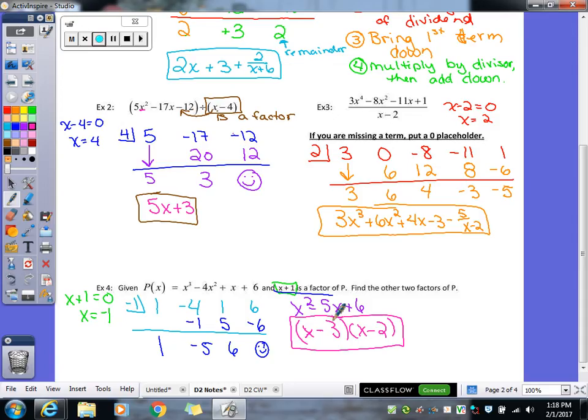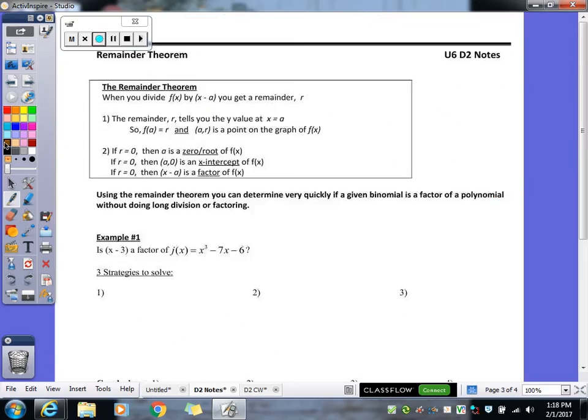All right. And then our last thing here is our remainder theorem. We've kind of already been talking a little bit about it. If you get a remainder of 0, that means whatever you were dividing by is in fact a factor. So what it's also saying is once you get it equal to x equals a, like we were doing for our synthetic division, that a value and whatever your remainder is becomes a point on the graph.